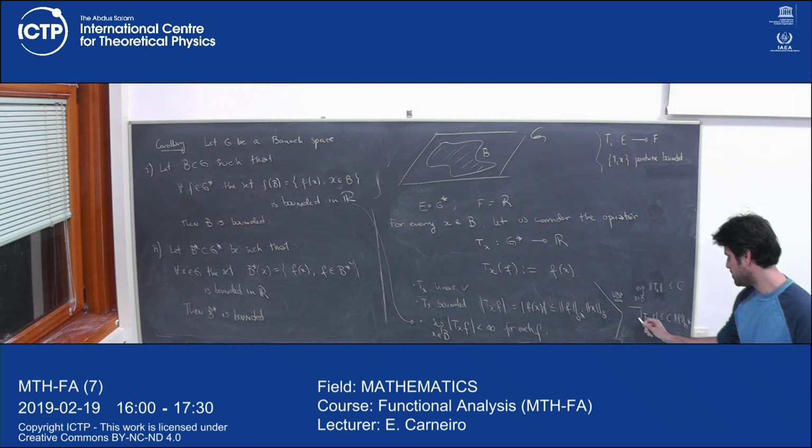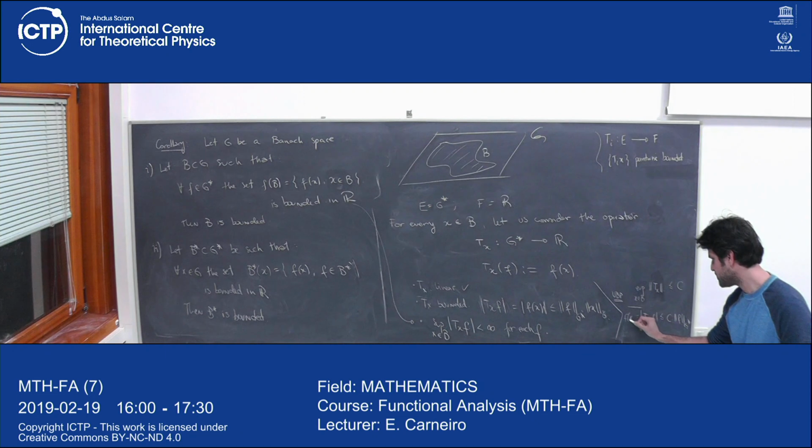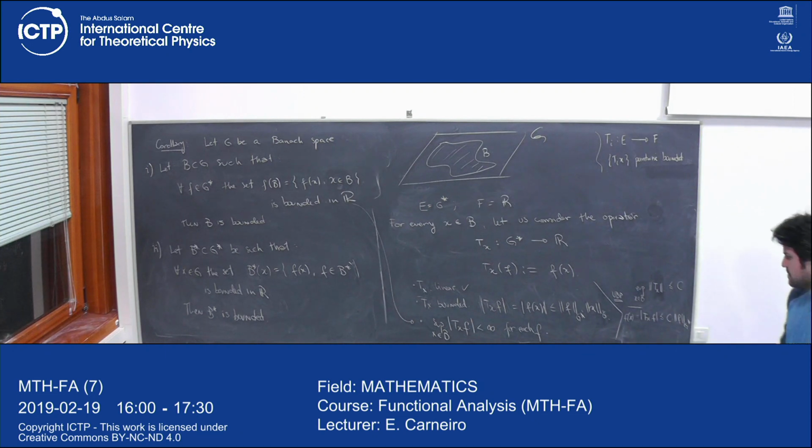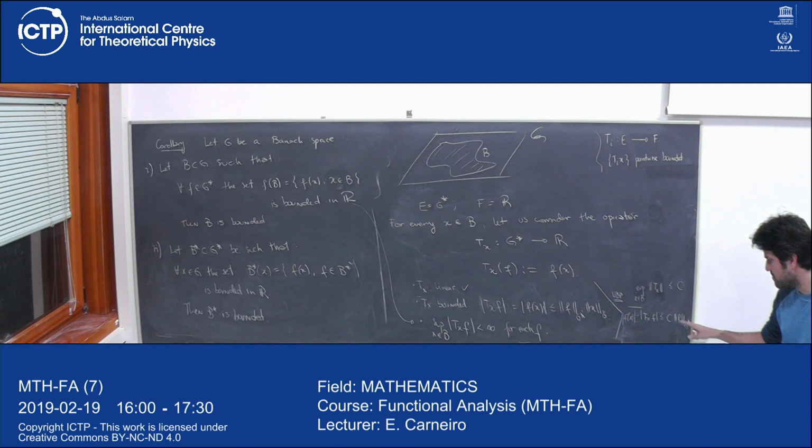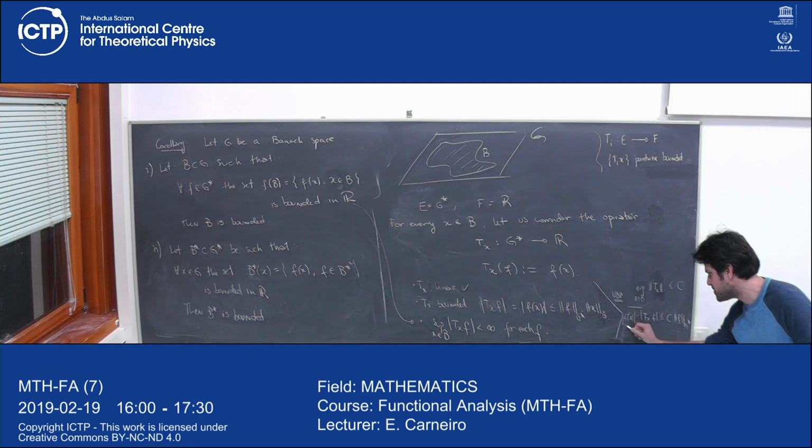It's uniformly bounded. This is f(x). So |f(x)| is less than a certain number times the norm of f, for any x in B and any f in the dual space.